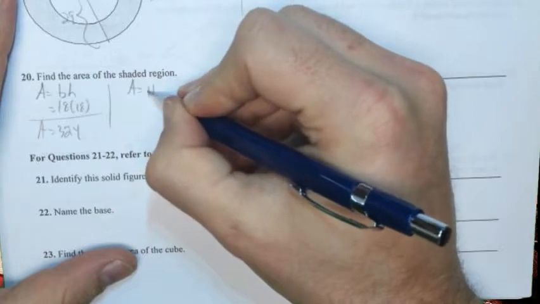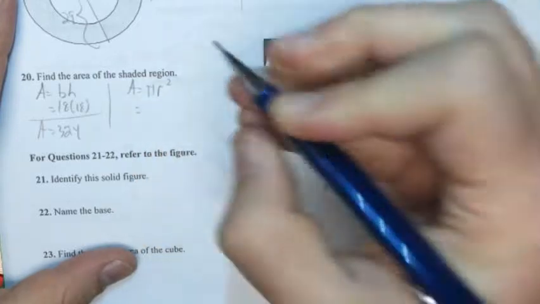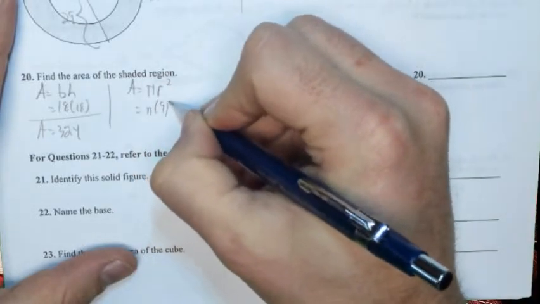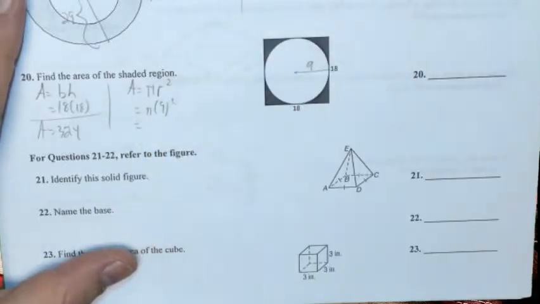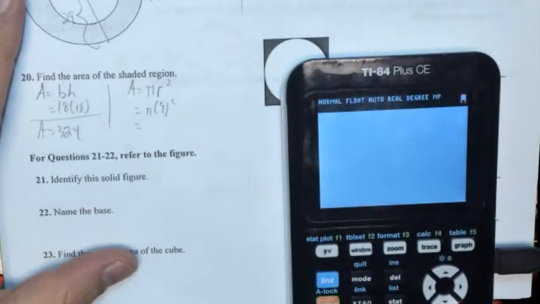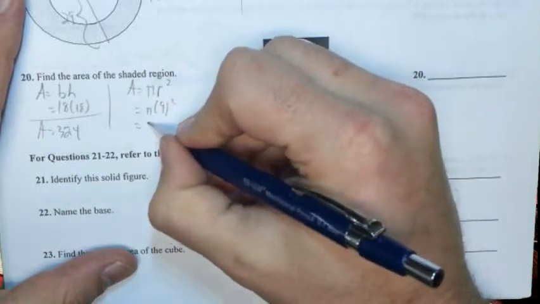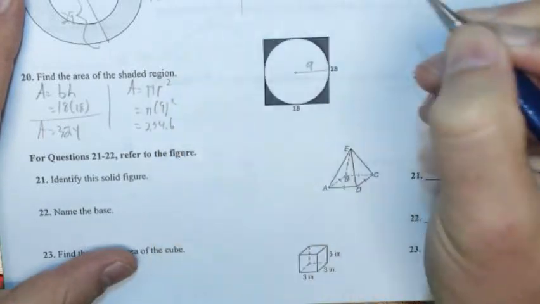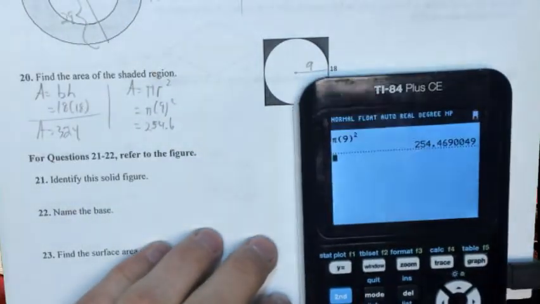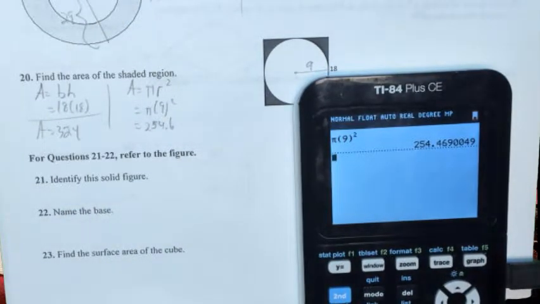Area of the circle is pi r squared. So that's pi times 9 squared. Pi times 9 squared is 254.6. And then let's go ahead and subtract those. 324 minus 254.